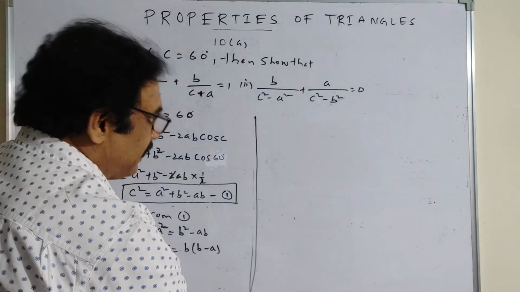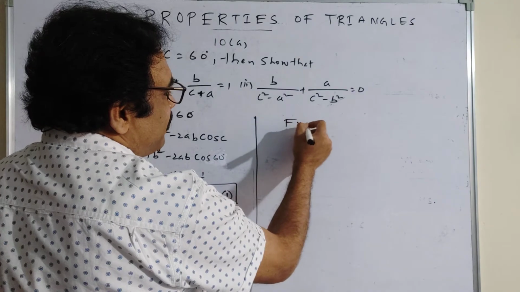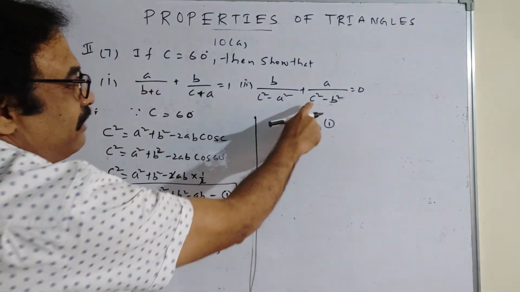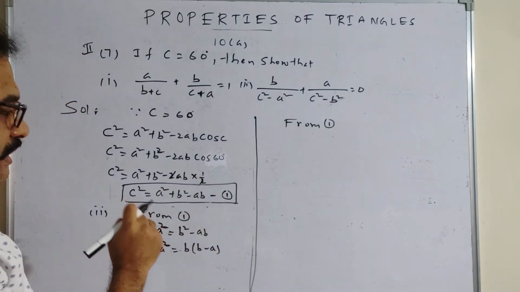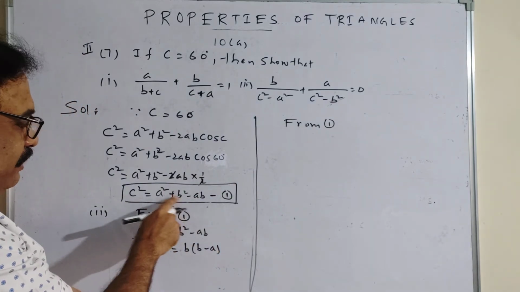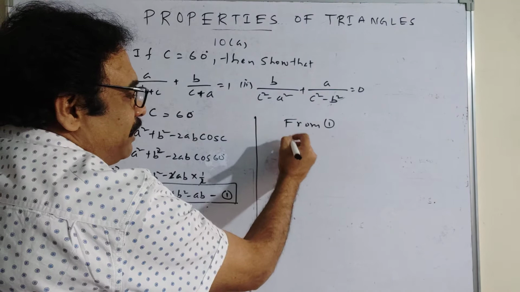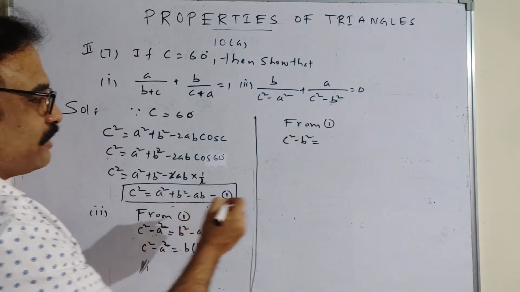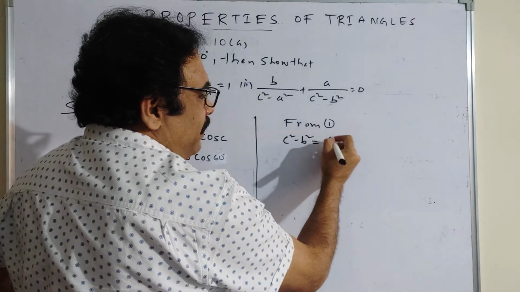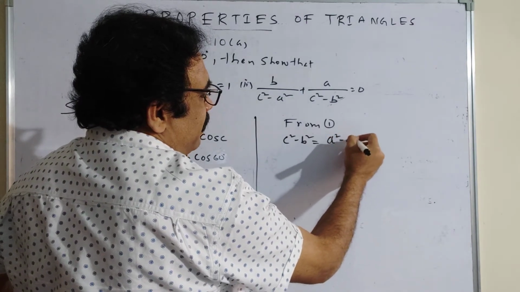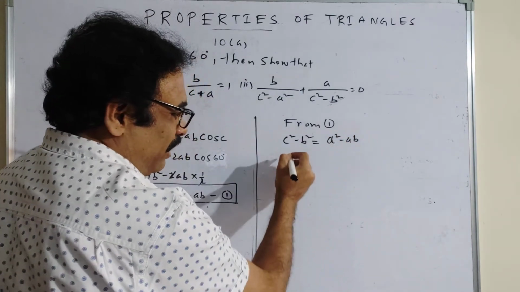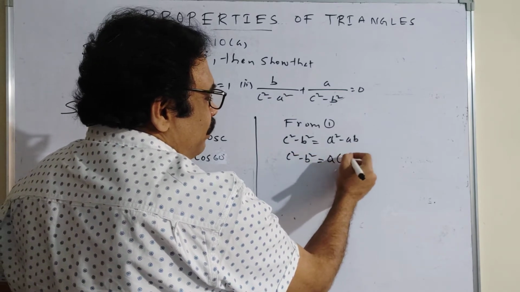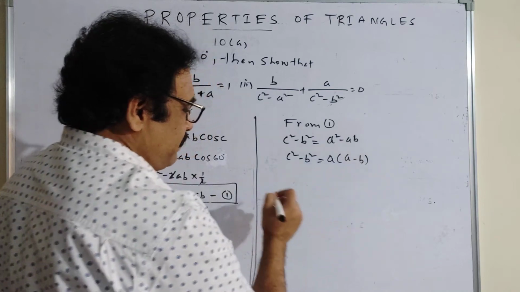Now I require c square minus b square in the denominator. Taking b square to the left hand side, I am getting c square minus b square is equal to a square minus ab. Now c square minus b square is equal to, upon taking a out common, a into (a minus b).